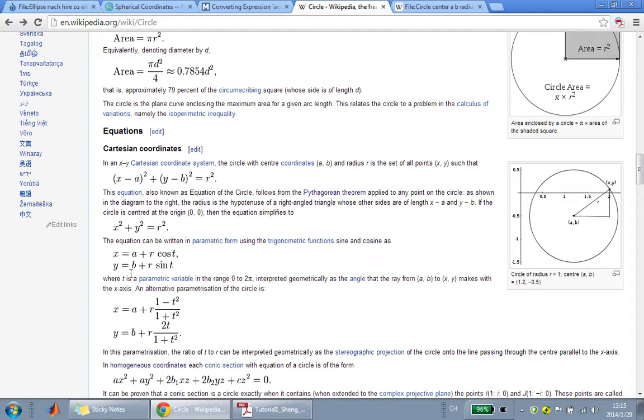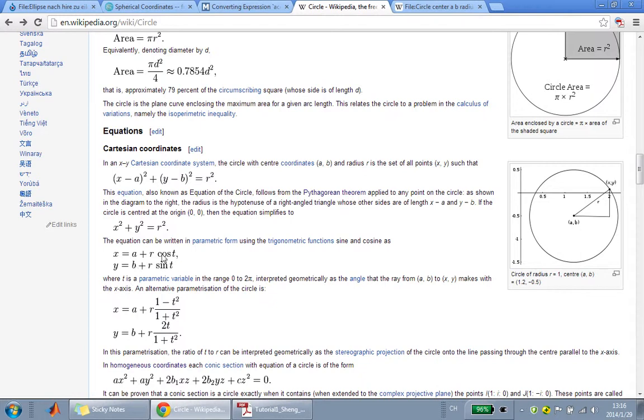Okay, here this is the parametric representation for the point on this circle. Here we can see x equals a plus r cosine t, y equals b plus r sine t. r is the radius, a is the x coordinate for the center, and b is the y coordinate for the center.